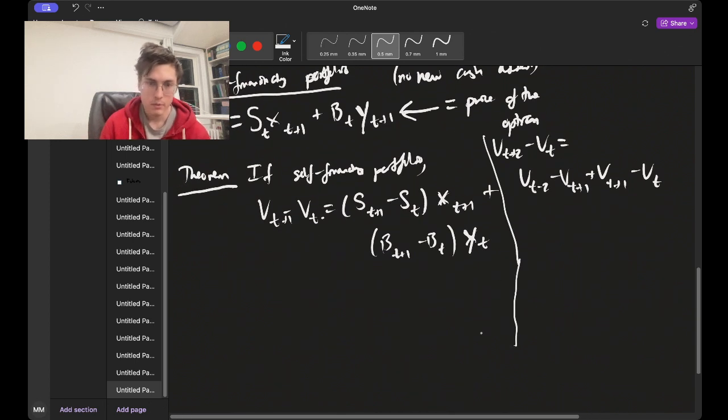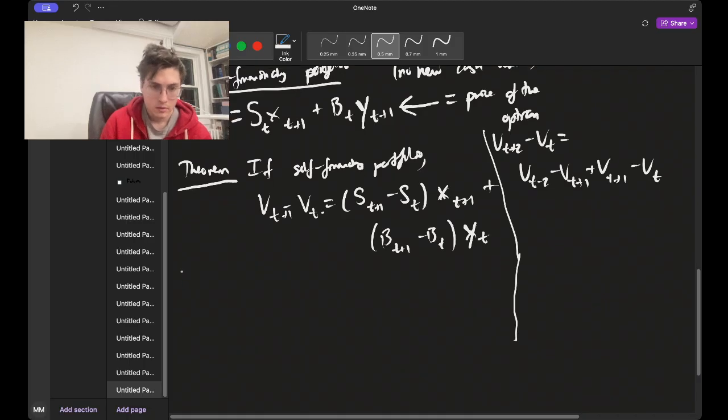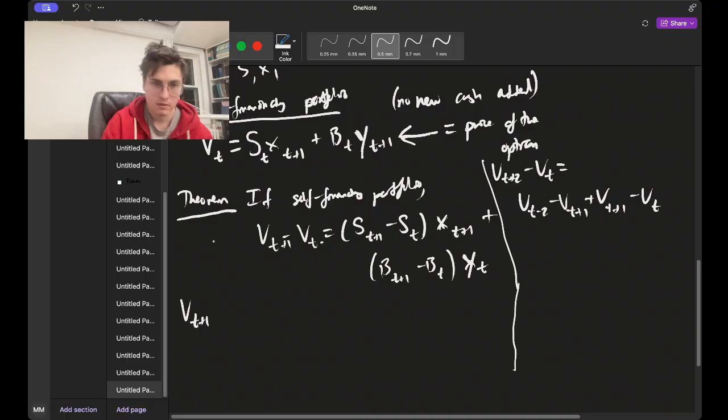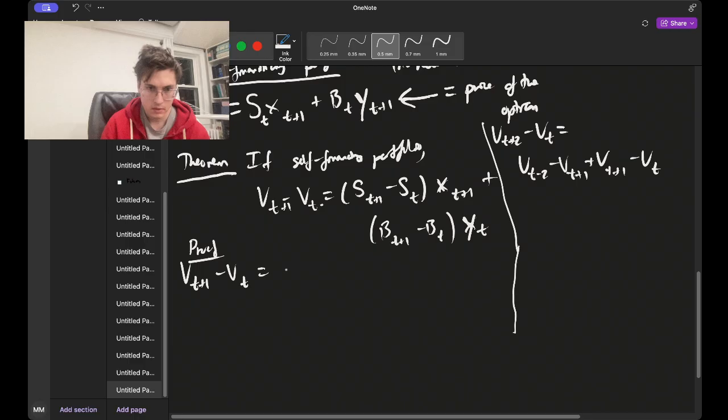So anyway, how do we prove this? It's very straightforward. For the VT plus 1, we use the definition of the self-financing portfolio, which we have here, which is immediately on the start of this new turn, the value is still, so proof, the value hasn't changed. So for this one, we use the original definition.